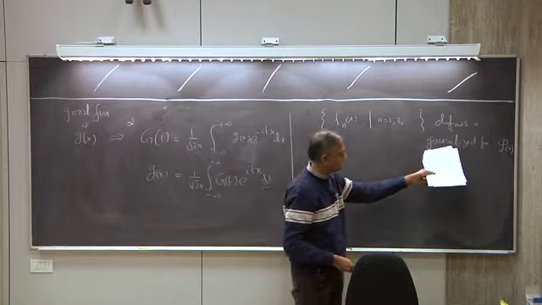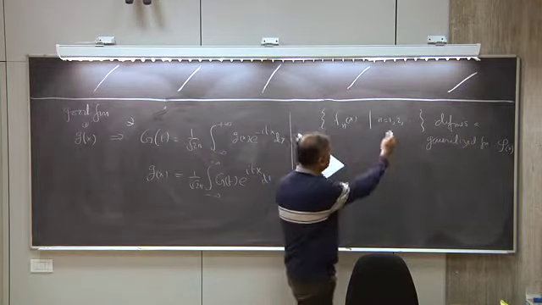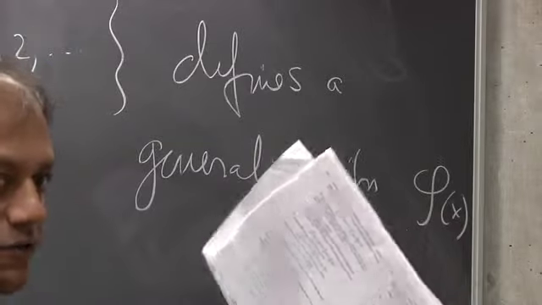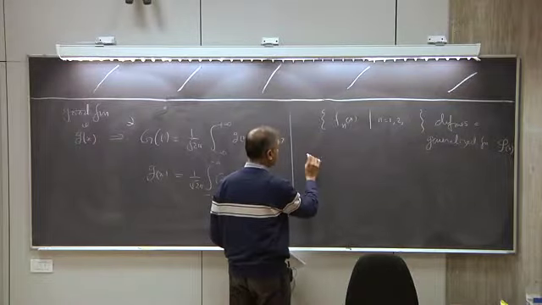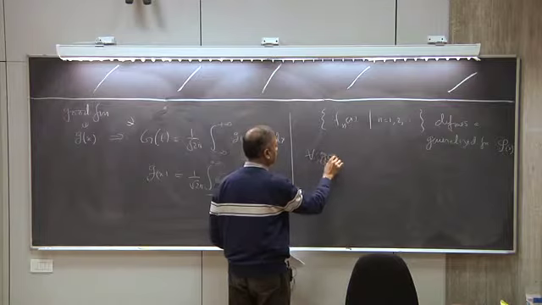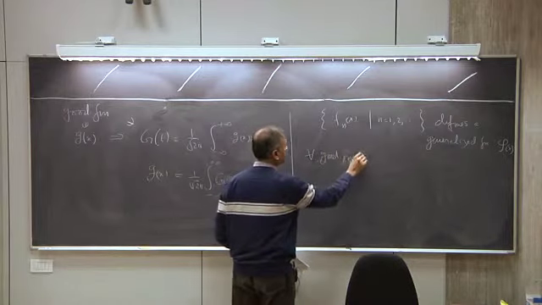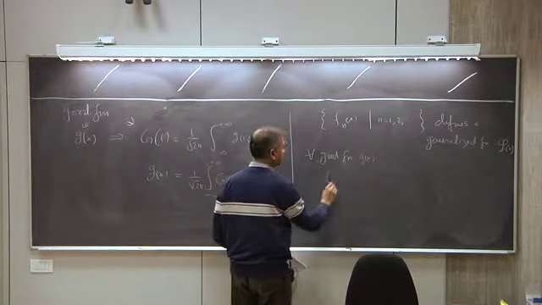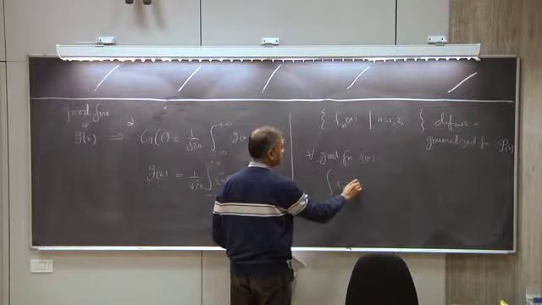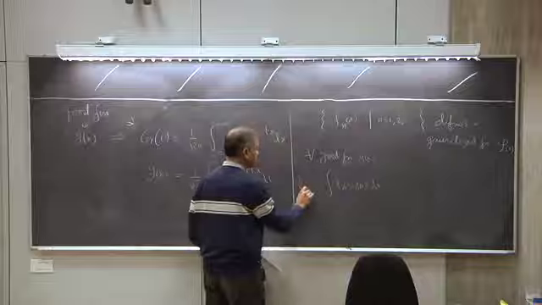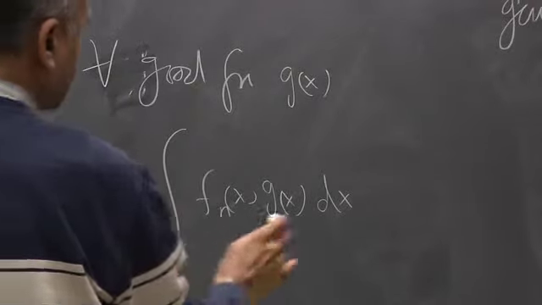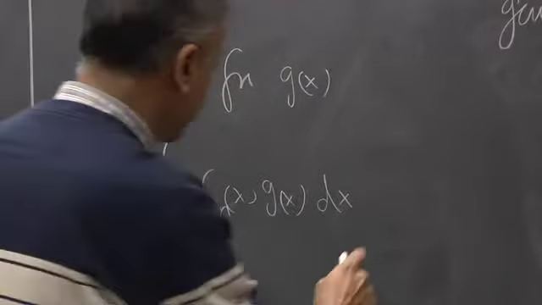Just to remind you of the definition: when we say that this sequence defines a generalized function, it means that for any good function g(x), the limit of the integral of f_n(x) g(x) dx exists. That is the point. It exists.